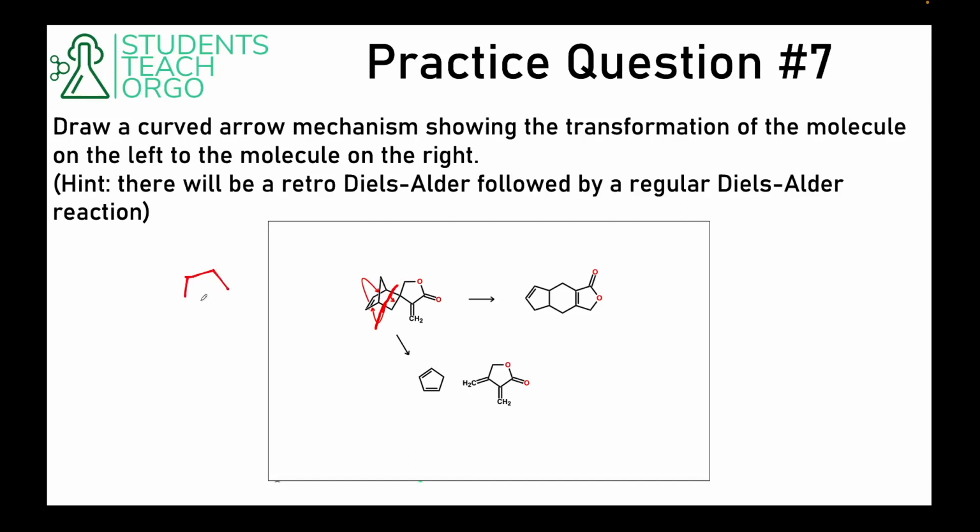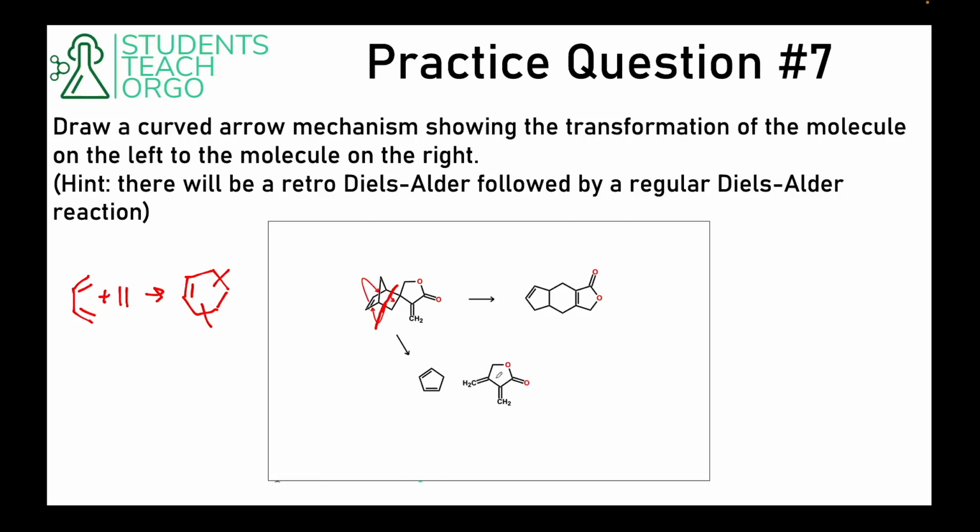So if in our normal template, this plus this comes together to make this, we know that this bond and this bond were the ones made, so those are the ones that we're going to break going backwards.